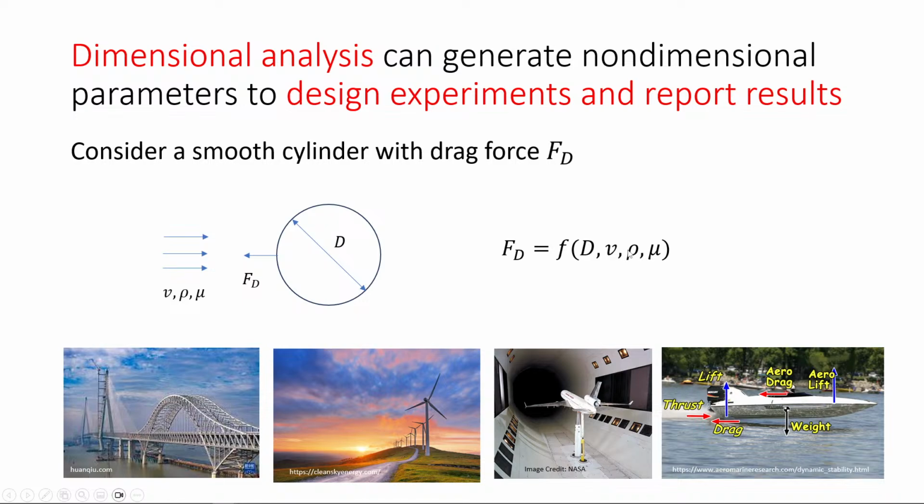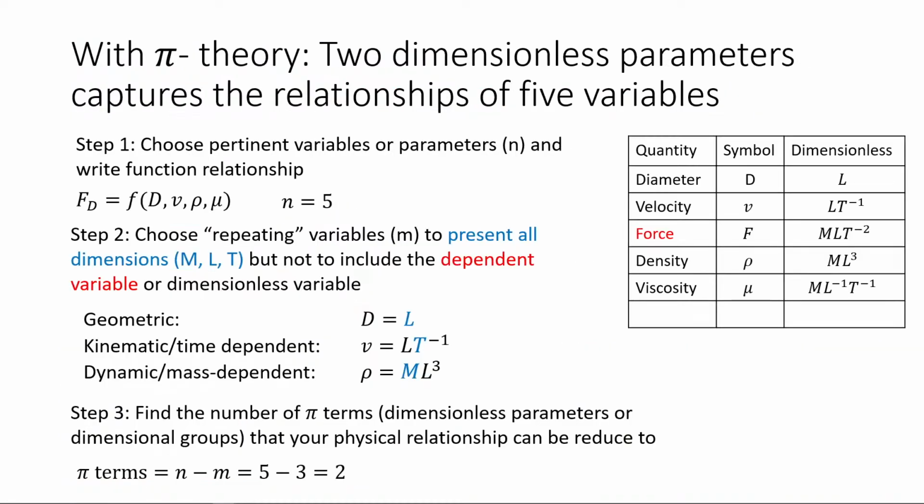Yeah. So that's a function, but I don't know whether this is an inverse correlation or direct correlation, or whether this is linear or non-linear. But with dimensional analysis, I could come up with a better understanding of that.